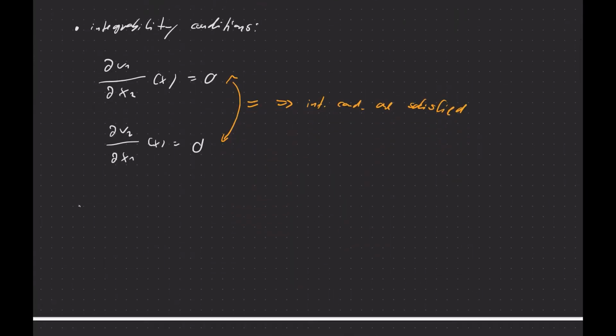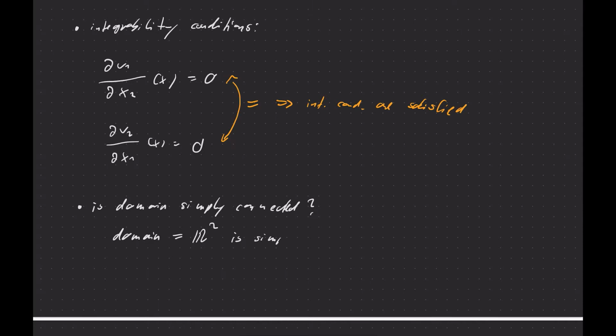What we need to check as well is simple connectedness of the domain. So the question is, is the domain simply connected? The domain in this case, if I didn't specify the domain, then I always mean the maximum possible domain. So that is R2 in this case.